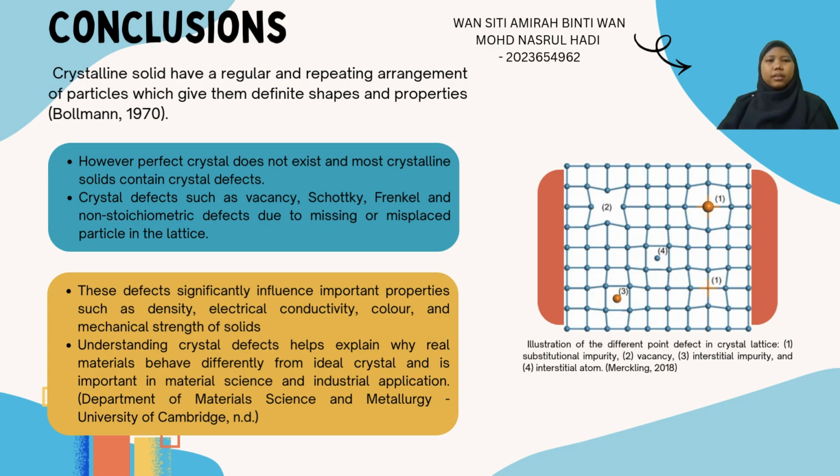We learned that defects like vacancy, Schottky, and Frenkel defects happen when atoms or ions are missing or displaced from their normal positions, while non-stoichiometric defects occur when the ratio of particles is not ideal. These defects are important because they affect real properties such as density, conductivity, and even the color of crystals. For example, in ionic solids with color centers.